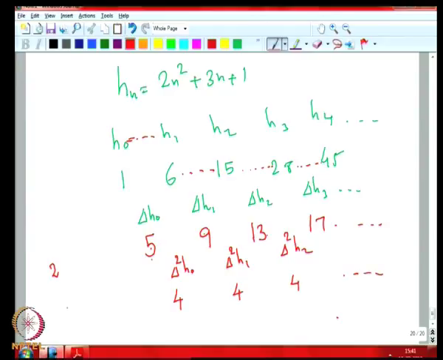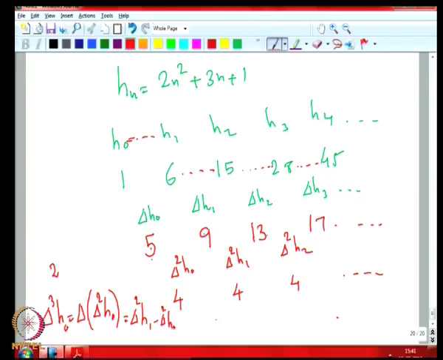Now we can define the third order difference sequence, namely delta cube of h as delta of delta square of h. That means delta cube of h0 will be delta of delta square of h0, which is essentially delta square of h1 minus delta square of h0.